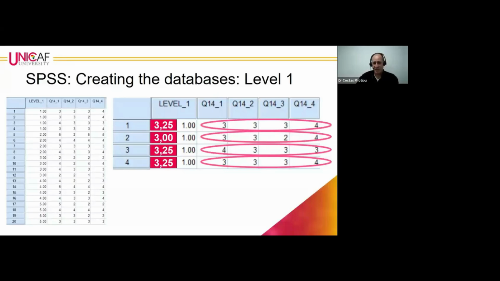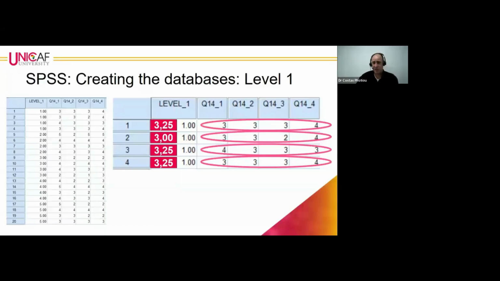So looking at the first employee, we can see that there are 4 questions here under consideration: Q14.1, Q14.2, Q14.3, and Q14.4. So the first employee answered in the first question 3, the second question 3. I think the example here is on work overload.